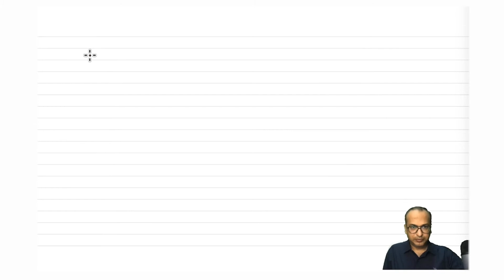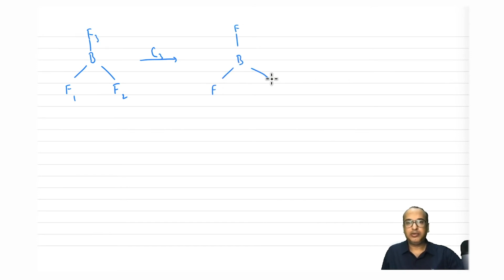Okay, so let's look at the same molecule again and take a combination of two different symmetry operations. So let's again do C3 first. So we have 3, 1, 2, right? 1, 2, 3, yeah. Now let's do sigma V1.